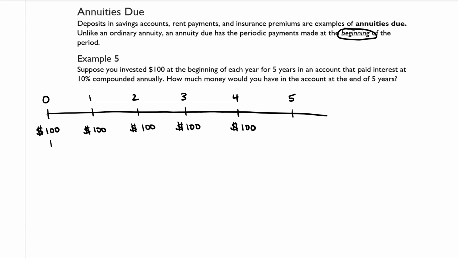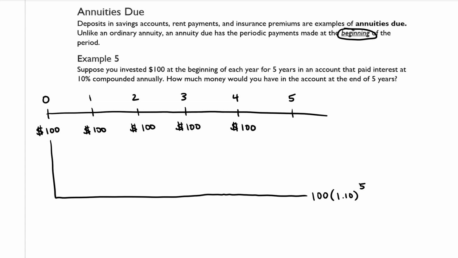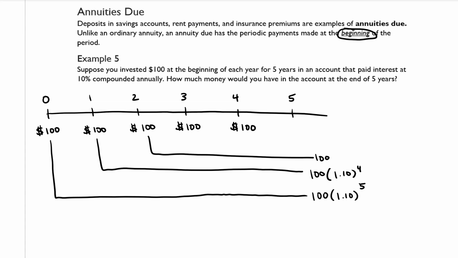And so if we thought about how much interest these things accumulated, now that we've started at the very beginning with that $100, that's going to have a chance to gain interest over 5 years. So our exponent for the 1.10 is going to be 5 there. And then here, that would be 100 times 1.10 to the 4th power, 100 times 1.10 to the 3rd power, and that pattern would continue.